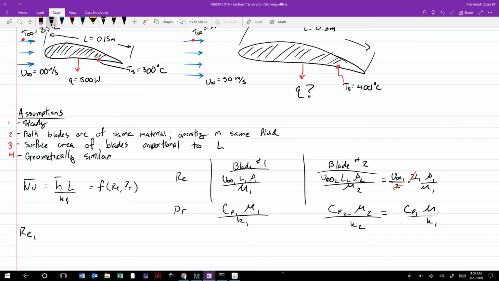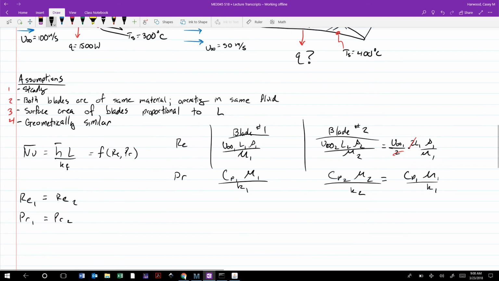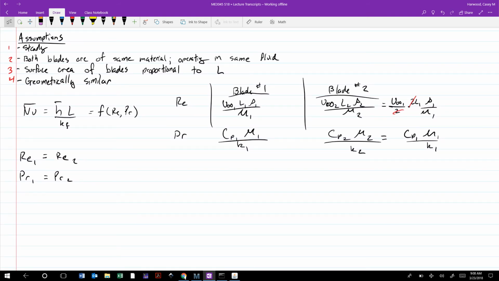Reynolds number 1 equals Reynolds number 2, and Prandtl number 1 equals Prandtl number 2. So these two considerations taken together, if the Nusselt number is a function only of the Reynolds number and the Prandtl number, and those two quantities are held the same, then the Nusselt number also has to be the same. Nusselt number 1 has to equal Nusselt number 2.